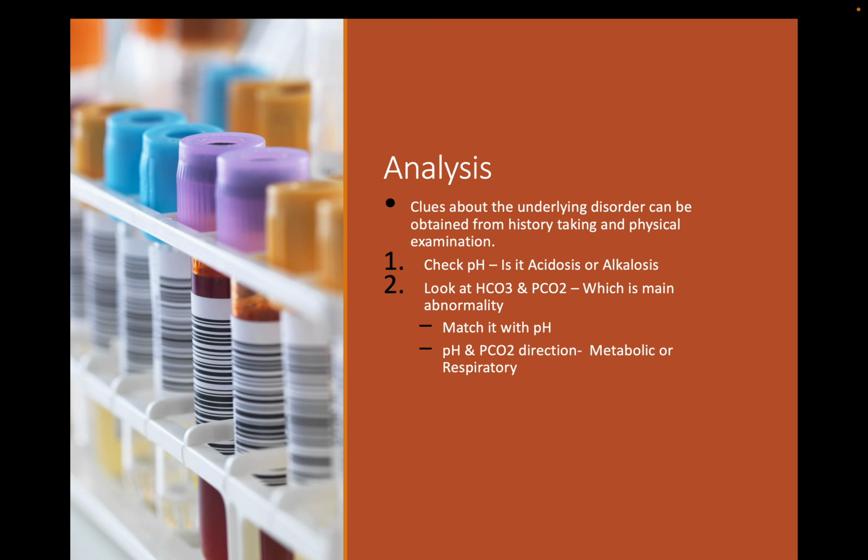Then you looked at the delta ratio to differentiate between NAGMA, HAGMA, and a mixed HAGMA plus metabolic alkalosis. The delta ratio is the change in anion gap divided by the change in bicarbonate. If the anion gap change is not much but the bicarbonate change is significant, the ratio will generally come less than 0.4, that is NAGMA. Anything between 1 to 2, where the change in anion gap corresponds with the change in bicarbonate because it is not compensated by chloride preservation, is HAGMA; the ratio will be almost similar.